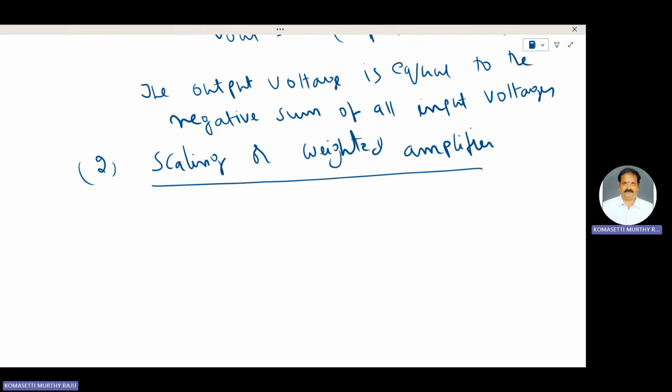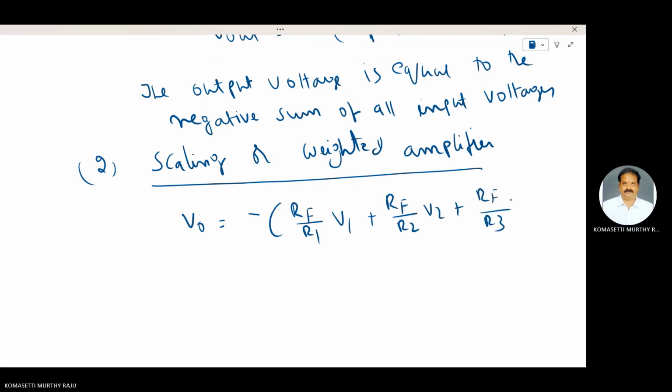If each input voltage is amplified by a different factor, we know that V naught is equal to minus of RF by R1 V1 plus RF by R2 V2 plus RF by R3 into V3.